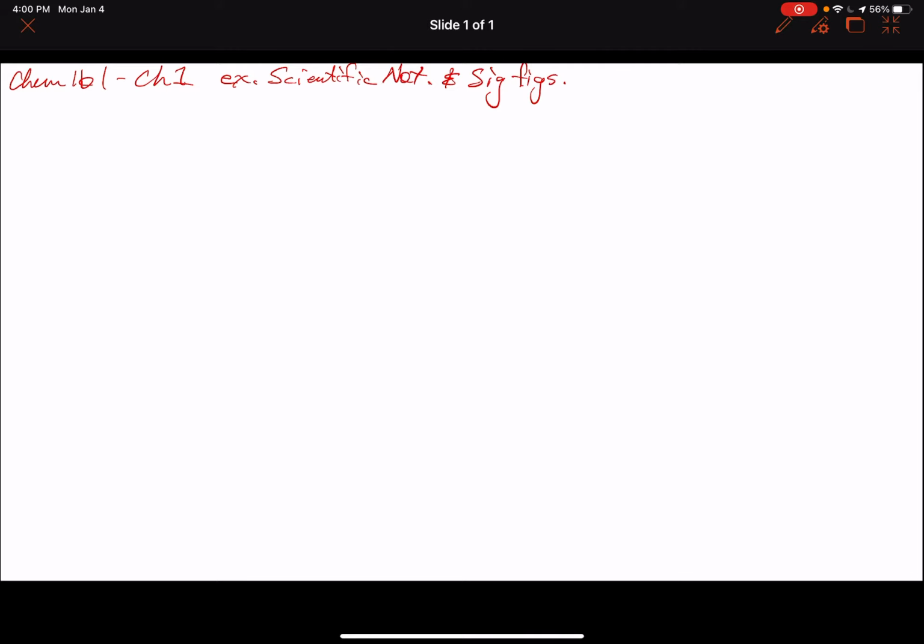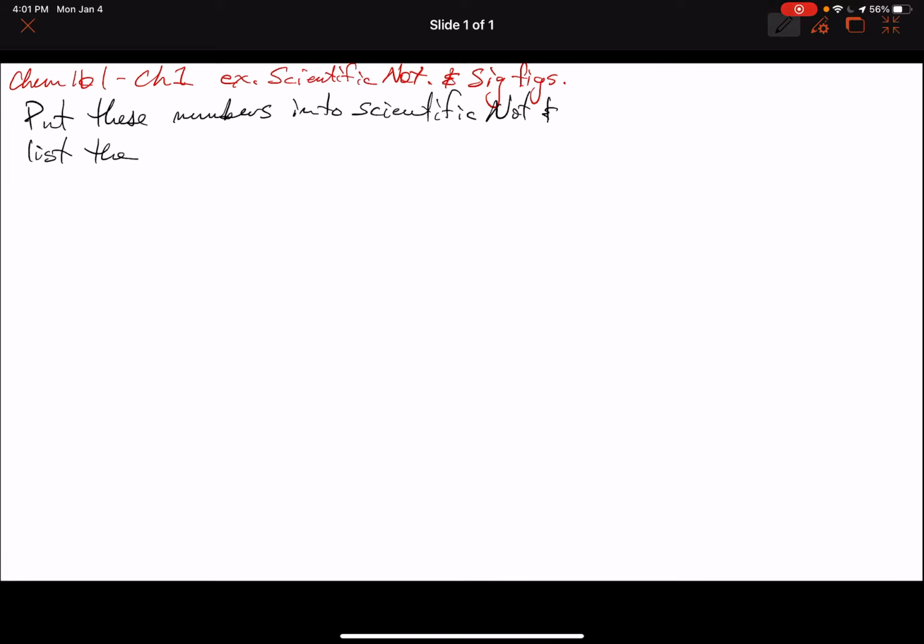Okay, so to get going, let's start with this instruction. So we want to put these numbers into scientific notation and list the number of Sig Figs.